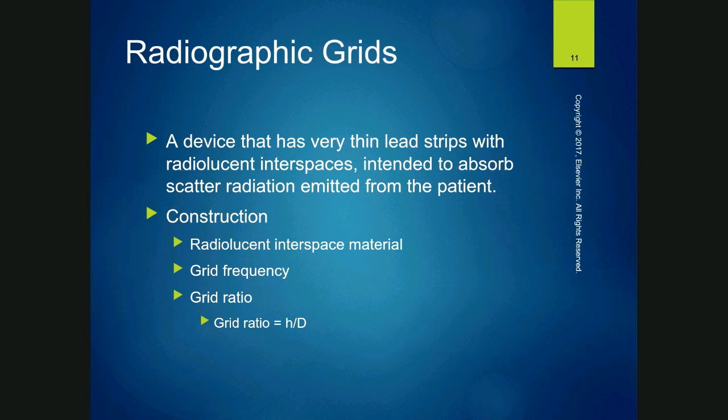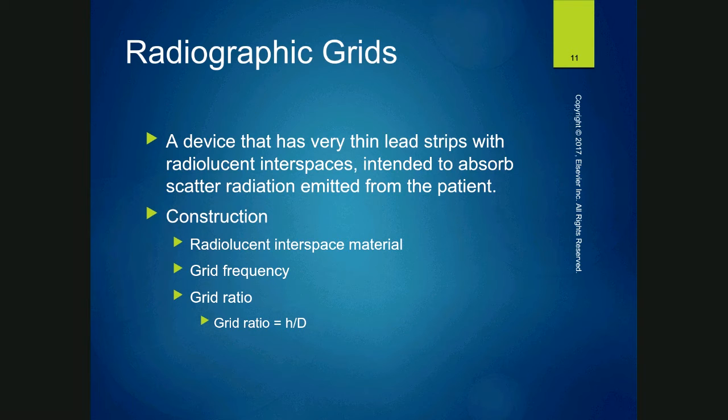Grids, fun stuff. All right, thin lead strips, radiolucent interspace material. Radiolucent, think about glass. If something is lucent, you can get light through it, right? And pass through it. On the opposite side of that, you have something called radiopacity, or something that could be radiopaque.